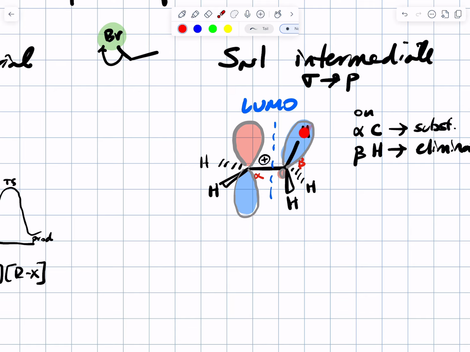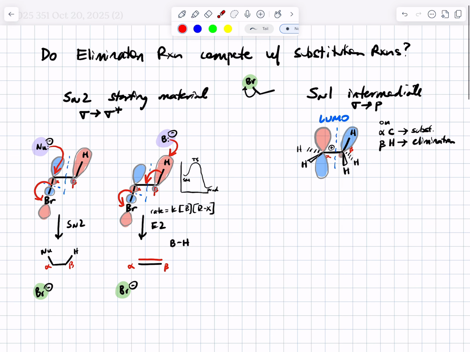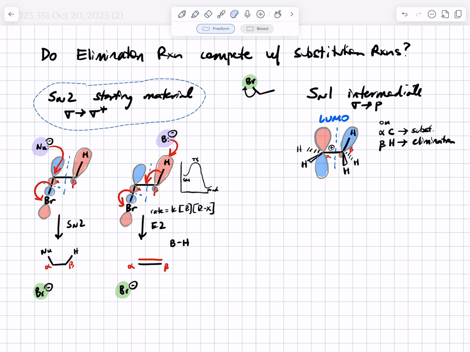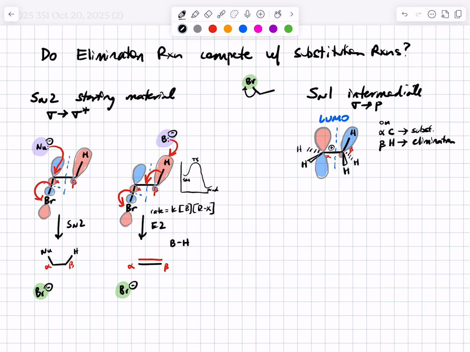The hydrogen is not a leaving group in the sense that it's going to be removed by a base and it's going to leave its electrons behind. Okay.